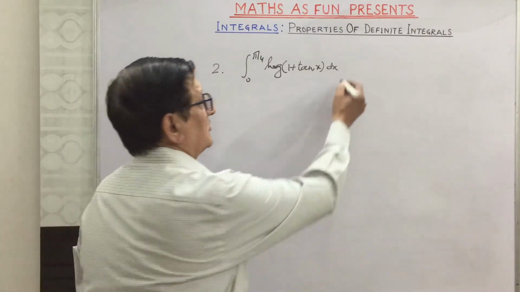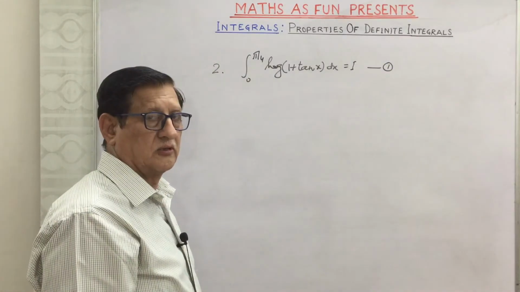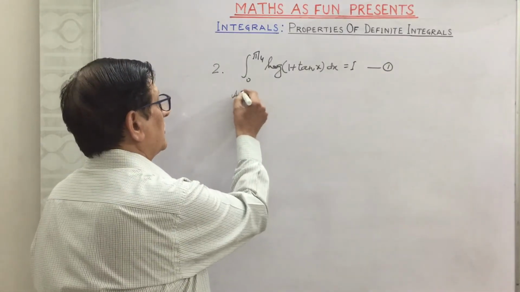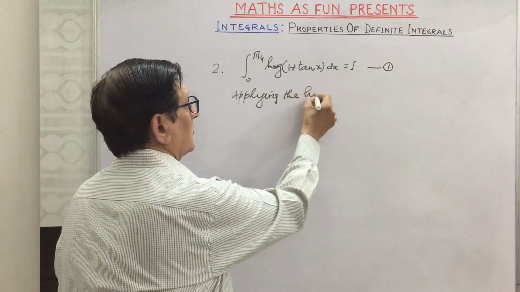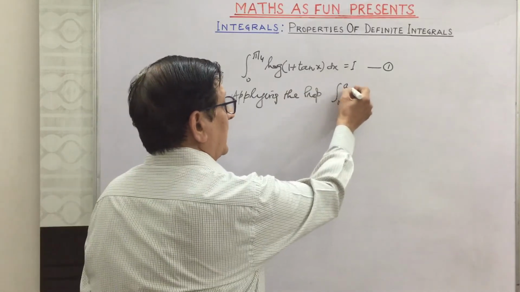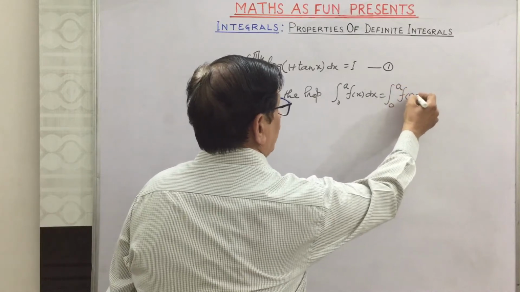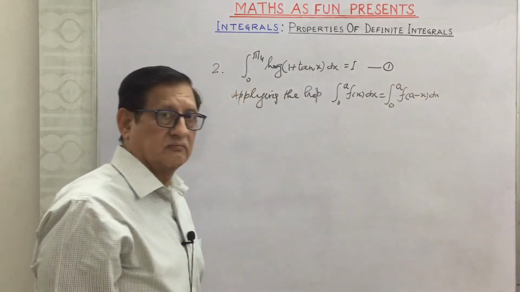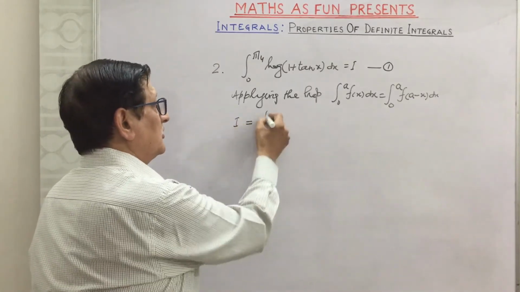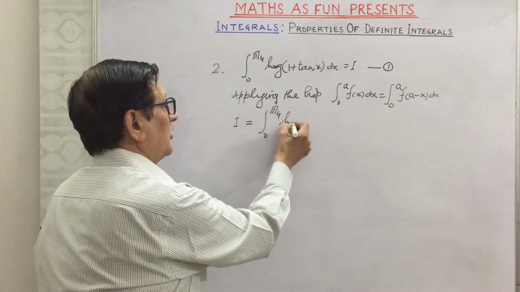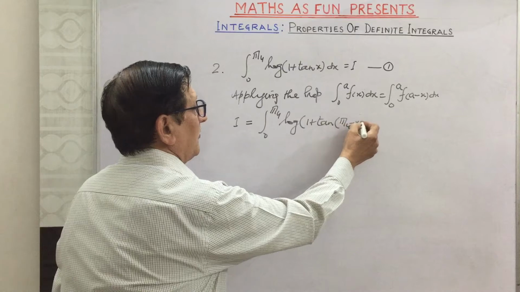To find the solution, we consider it as I and write this as 1. Applying the property, integral from 0 to a of f(x) dx is equal to integral from 0 to a of f(a minus x) dx, we get here I will be equal to integral from 0 to pi by 4 of log of 1 plus tan(pi by 4 minus x).